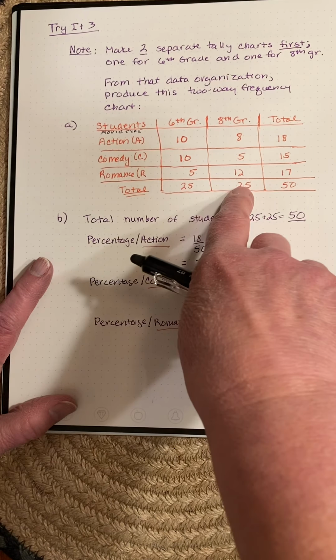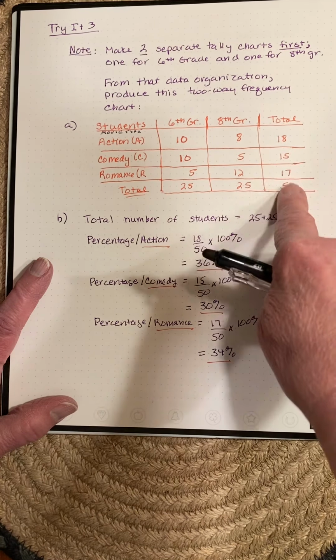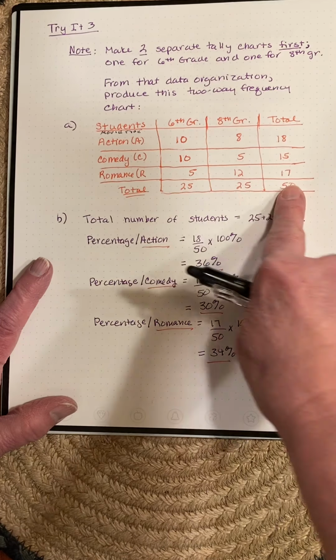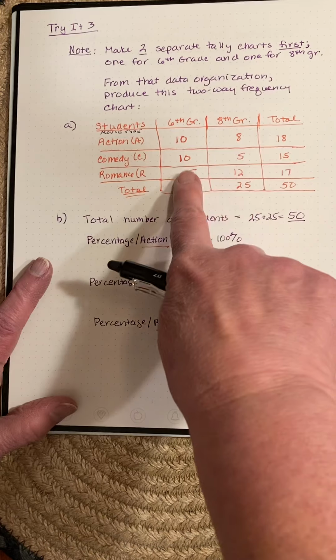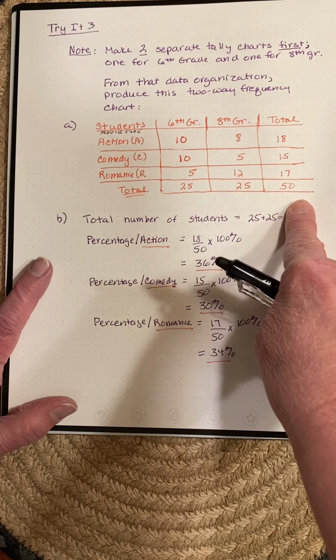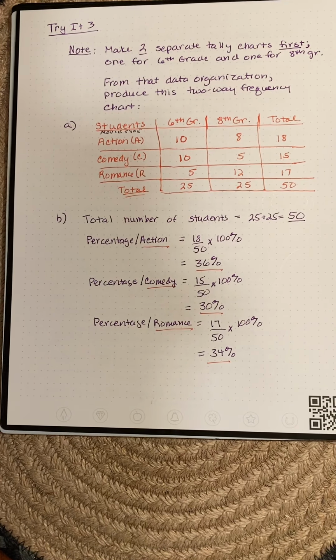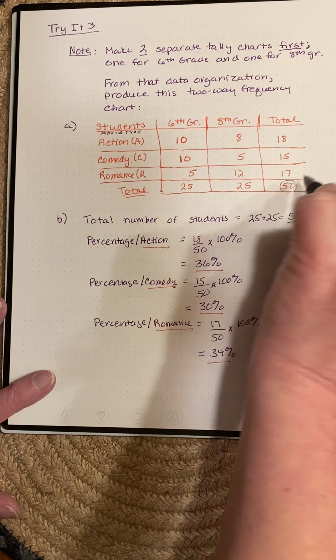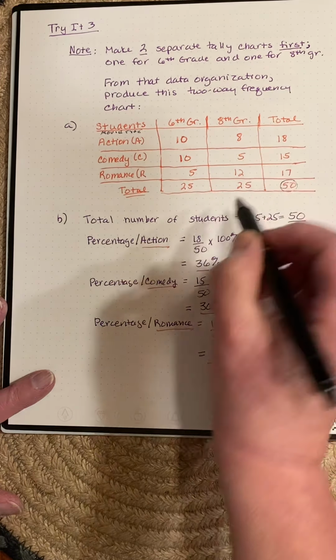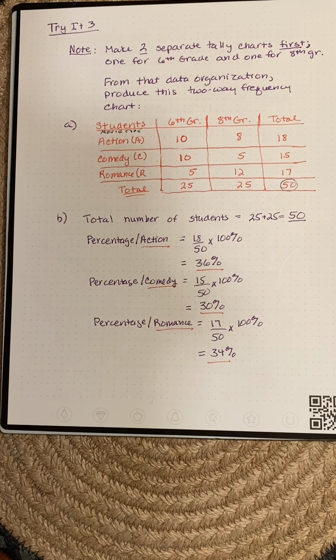So of course 25 and 25 totals 50. So hopefully this totals 50 too. So 8, 10 and 8 is 18, 15 and 17. That does work out to 50. So I did all my counting right because this grand total has to total 50 this way and 50 that way. So now I have my two-way frequency chart done.